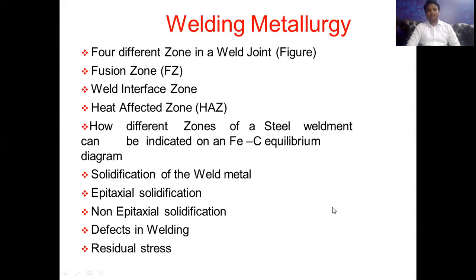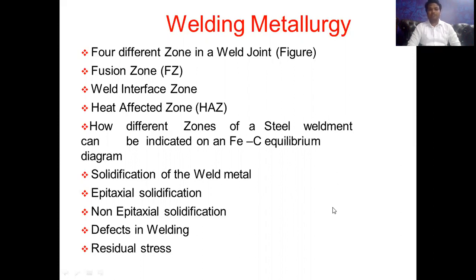Before seeing the weld defects, I would like to emphasize welding metallurgy. In welding metallurgy, we will be seeing 4 different zones in a weld joint: fusion zone, weld interface zone, heat affected zone.